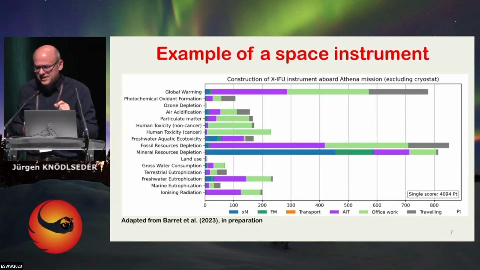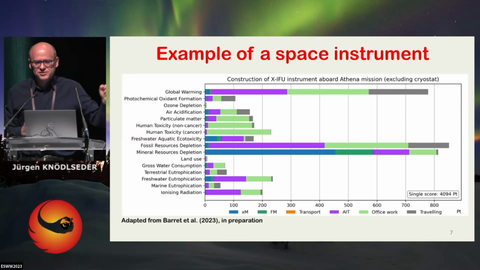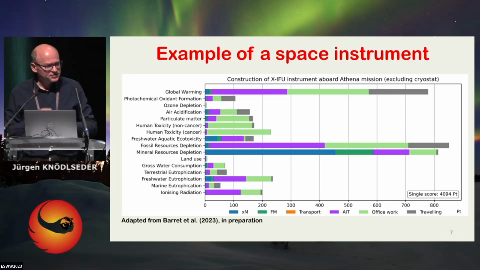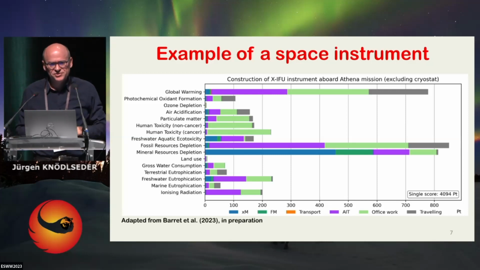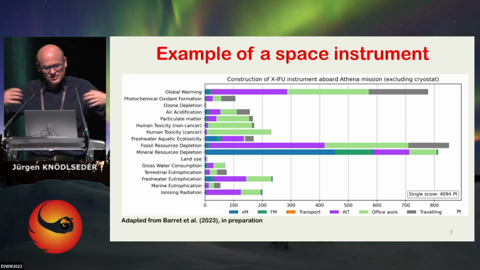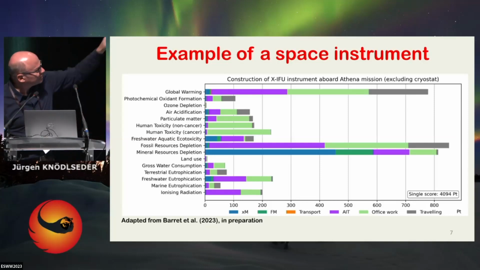So what weighs in here mostly is just the office work. Just people sitting in offices needing electricity, heating, air conditioning, consuming water, and so on. And this is the light green thing. And all the traveling you do when you build a space project, all the meetings, and so on. So in fact, it's just the daily business related to the space project, which is an important contributor.